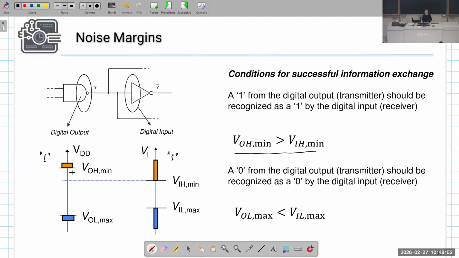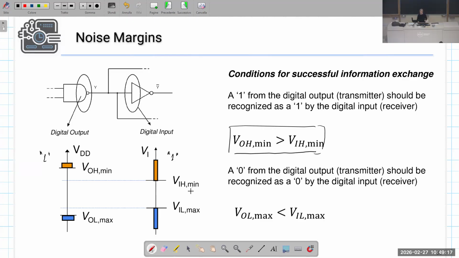In the worst case, we consider the minimum value, clearly the higher the better, should be larger than the minimum voltage level which is recognized as 1 by the second gate. So we need to enforce this condition: VOH minimum larger than VIH minimum.